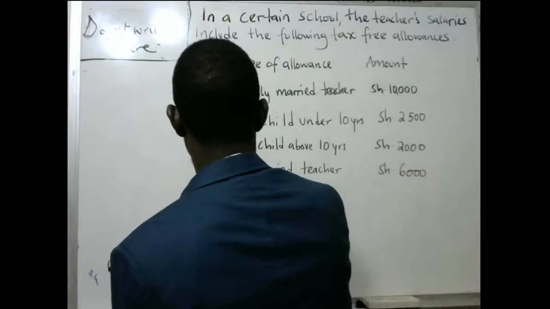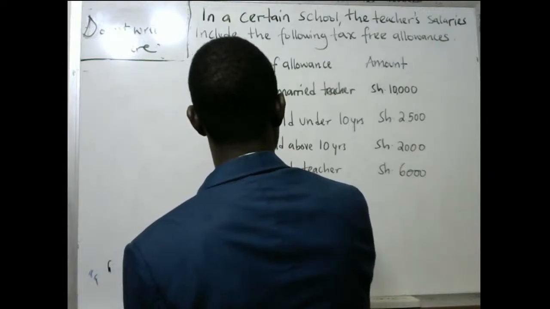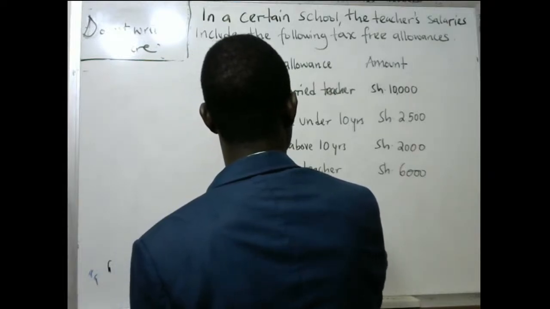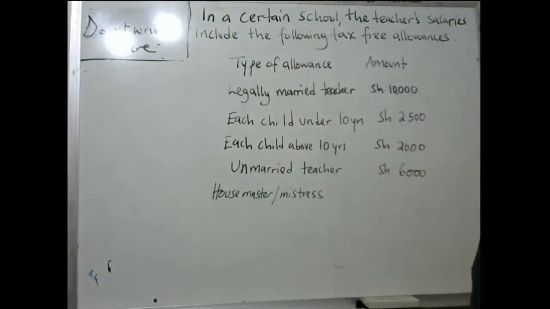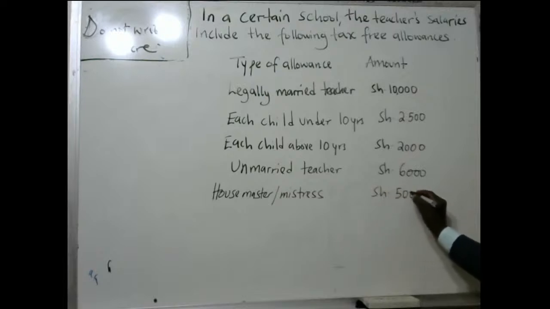If the teacher happens to be a housemaster or mistress, you receive shillings 5,000. That's what we've added.